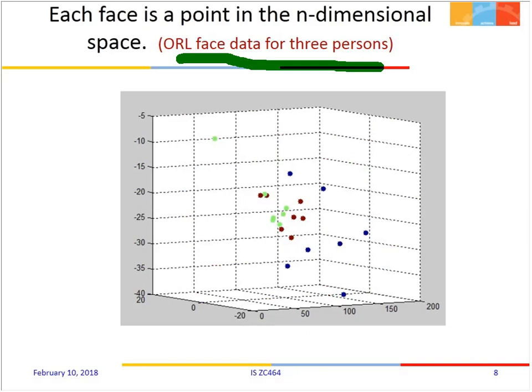What are the distinct points? These are the distinct face images of the persons. So if there are 30 points, that means there are 30 face images, right? Which we have captured through some pre-processing module. We have understood how to best describe those face images and we have plotted them here in the three-dimensional space.